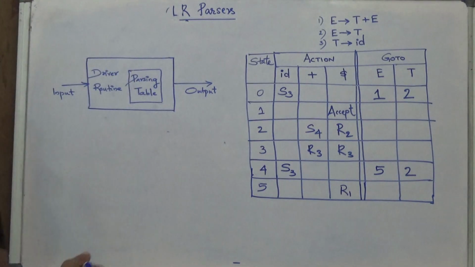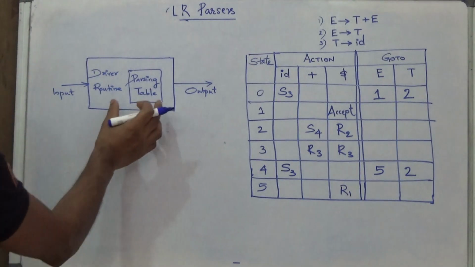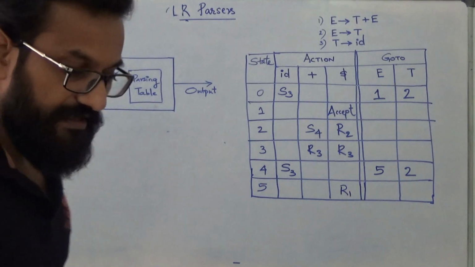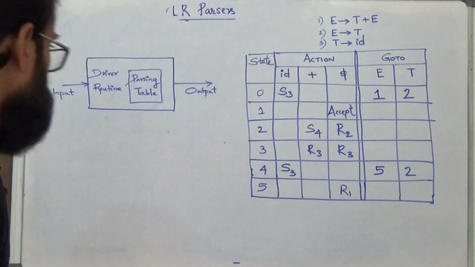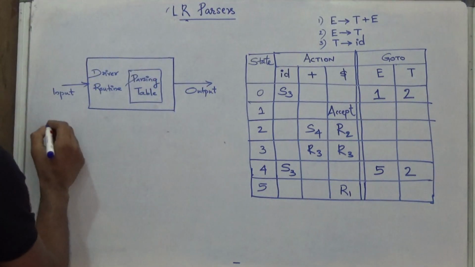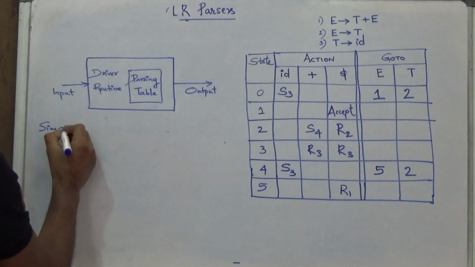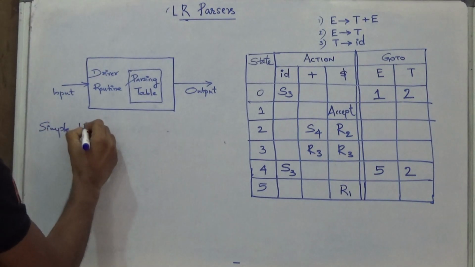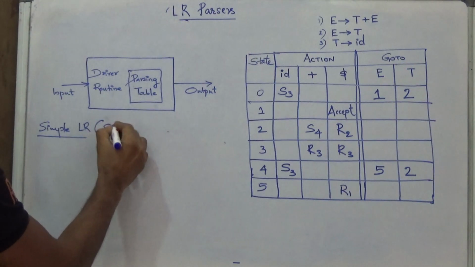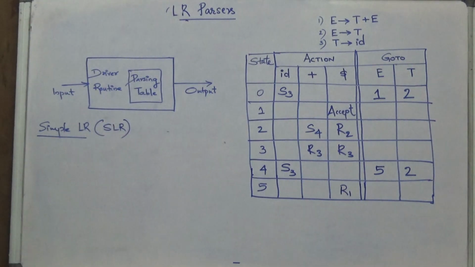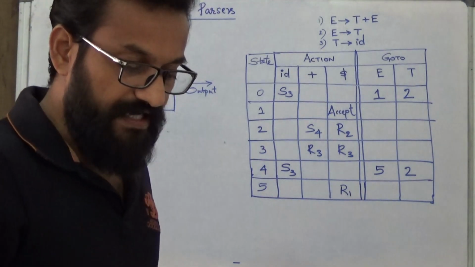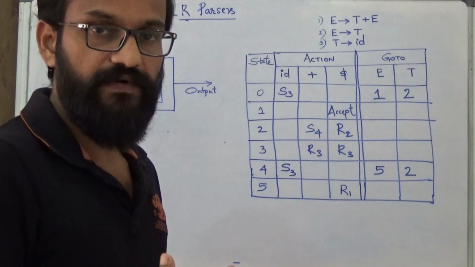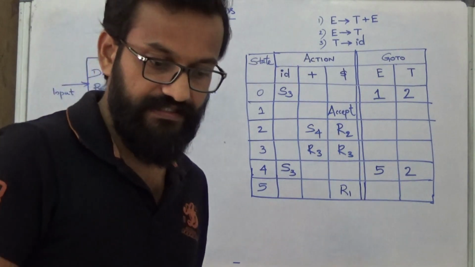Depending upon the way in which you generate the parsing table, you can have different types of LR parsers. One classification is the simple LR parser, termed SLR, and the parsing table corresponding to an SLR parser can be easily generated.